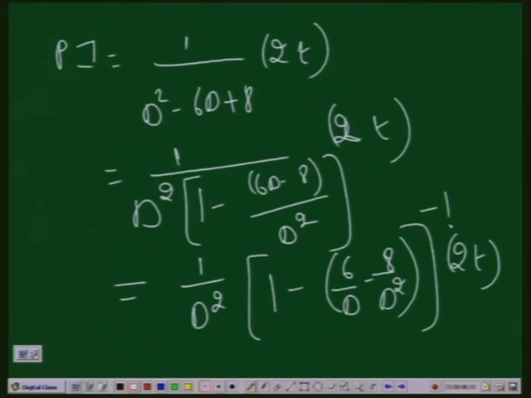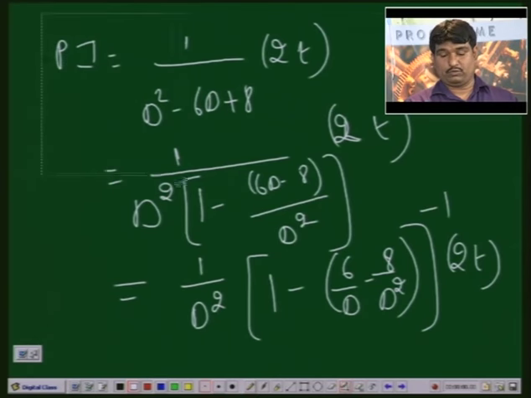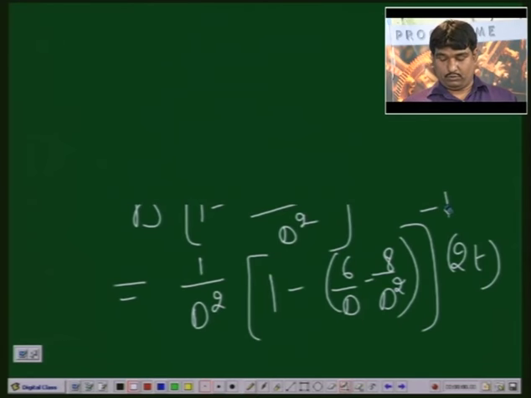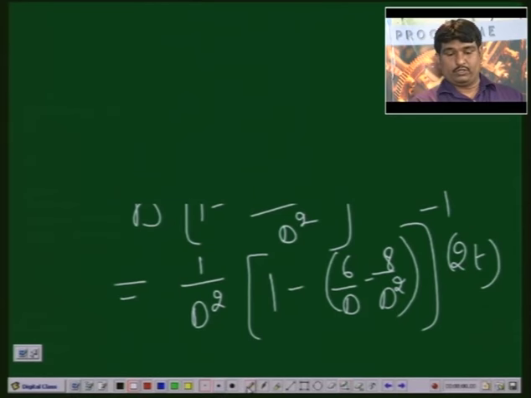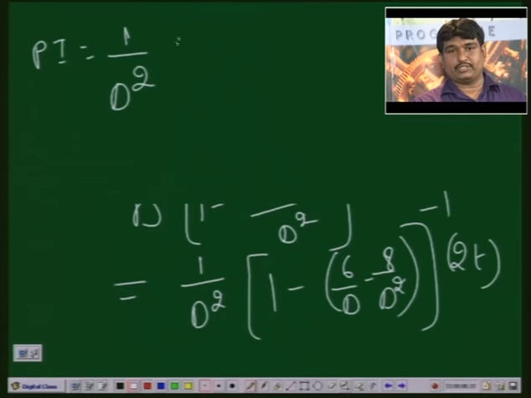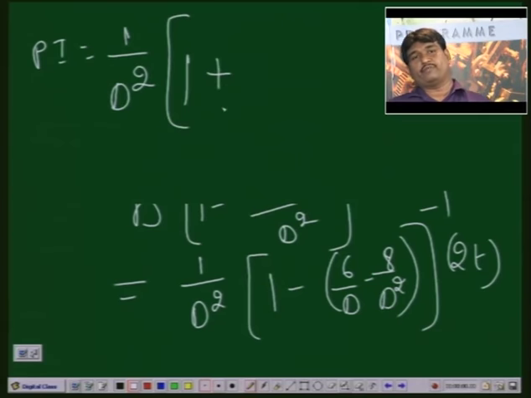Now it's like 1 minus x whole to the power of minus 1. Right. Now I'll expand it. Pi equals to 1 divided by d square as it is into expansion of this: 1 plus, because it's 1 minus whole to the power of minus 1, so all terms are positive.